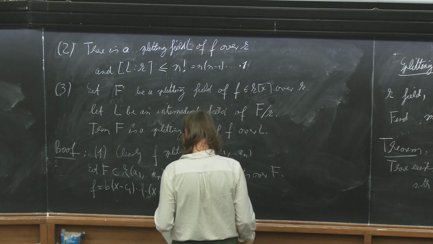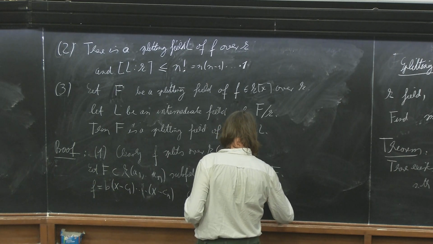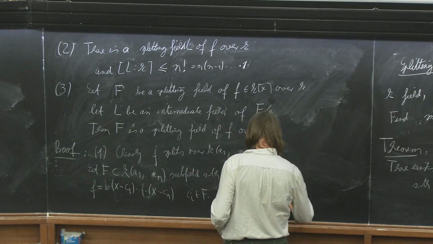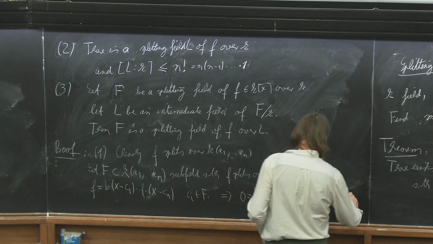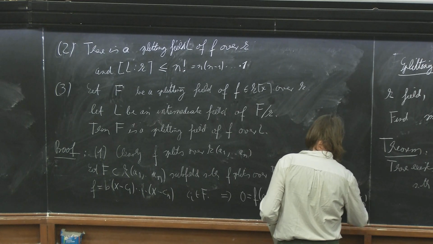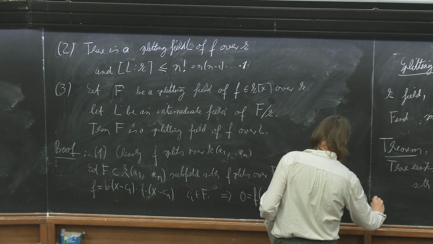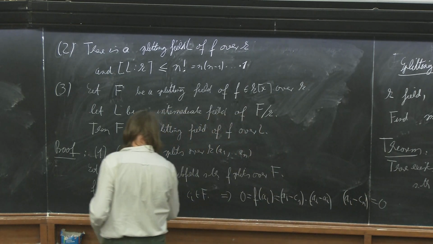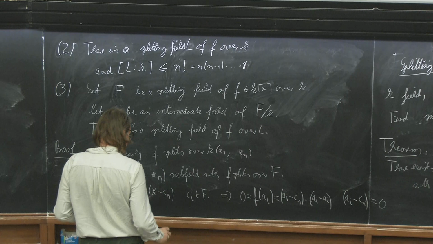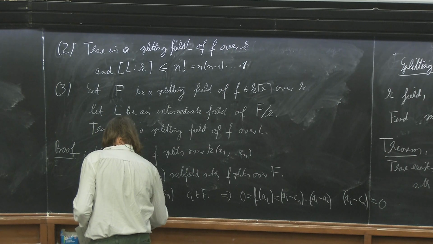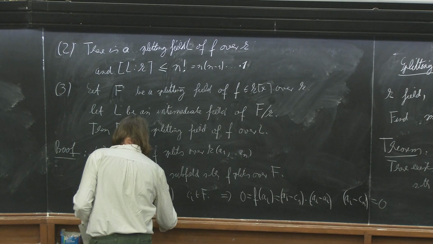but it's also this. So it follows that if I put, for instance, a_i into f, 0 is equal to f of a_i is equal to (a_i minus c1) until (a_i minus cn), and somewhere in the middle it will be a_i minus a_i. It will always be 0 for all i from 1 to n.